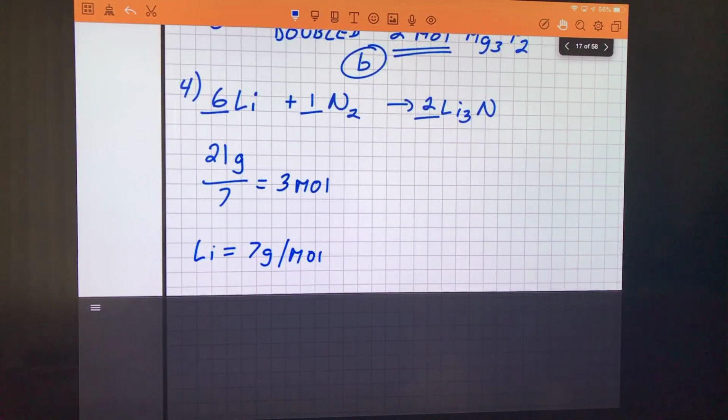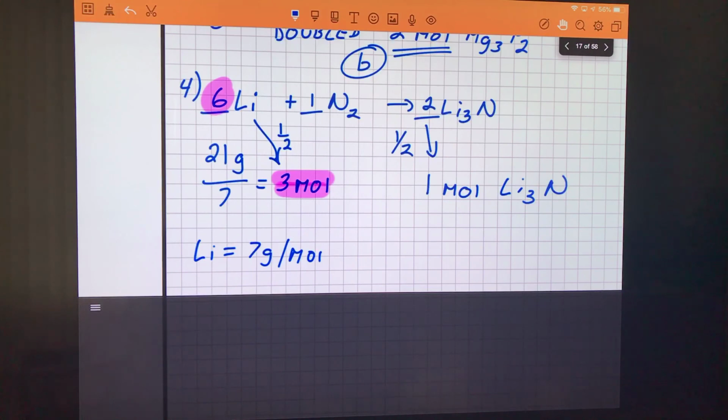Oh, okay. If I started with 3 moles, but my recipe says I should start with 6, what did I do to the recipe? I cut it in half. So I would only need half a mole of nitrogen, but I would only get half as much over here, so I would get 1 mole of Li3N.